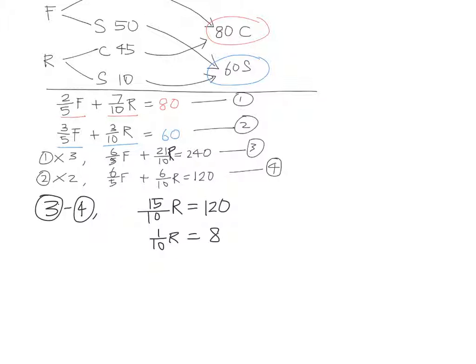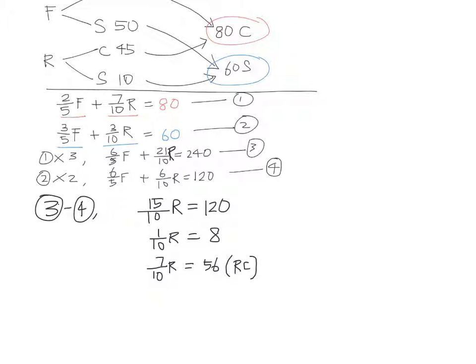And we were told that in the end, 70% of Ryan are chocolates. So this should be 7 times 8 equals 56. So this is Ryan's chocolates in the end.